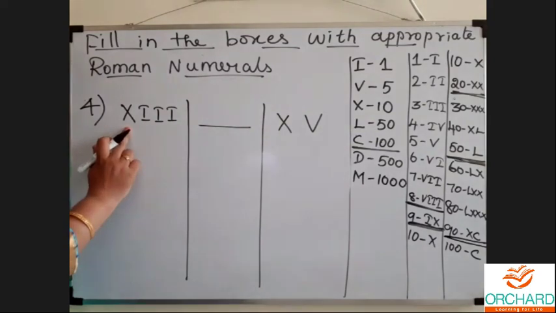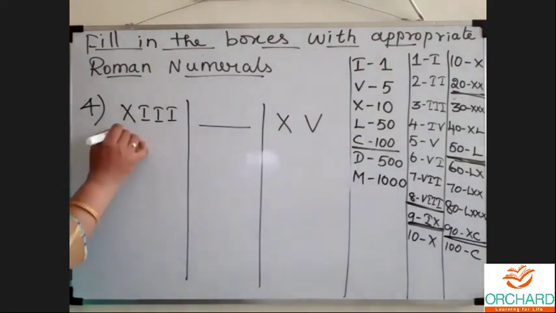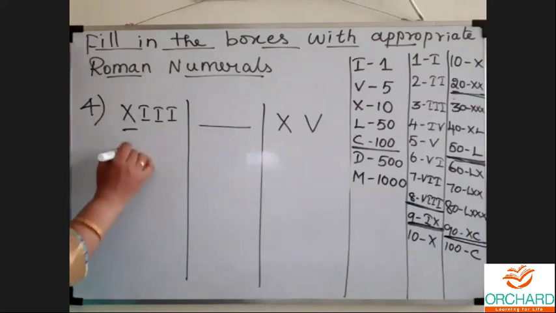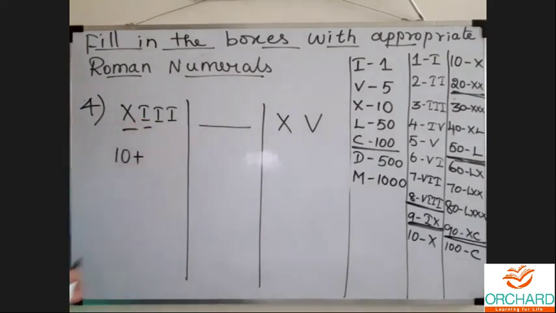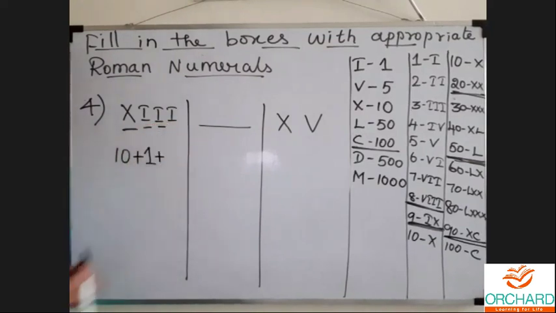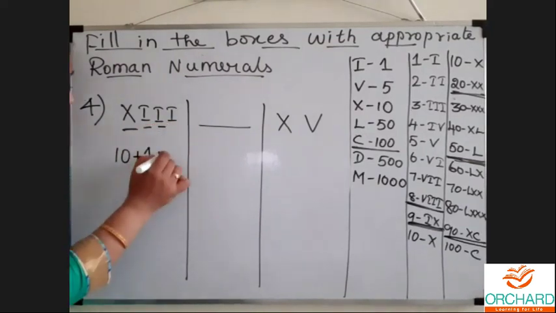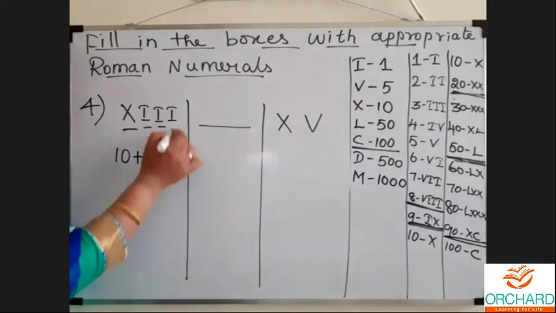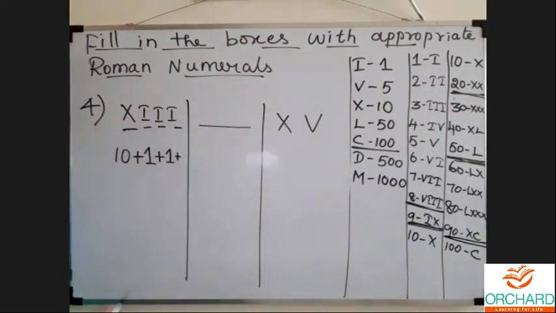Here the value X stands for 10. Just tell me the value first. X stands for 10. Here the next letter I stands for 1, plus the next letter I stands for 1, plus again the next letter I stands for 1.